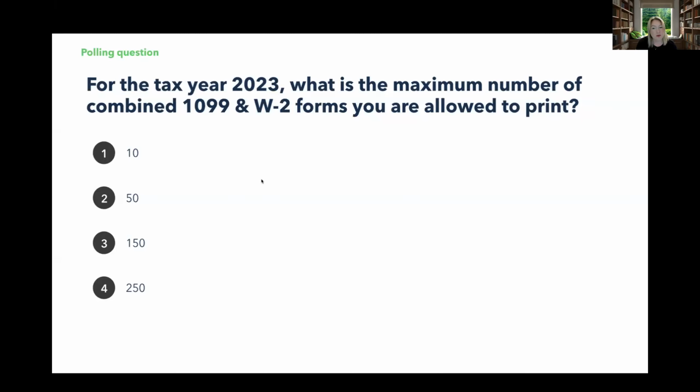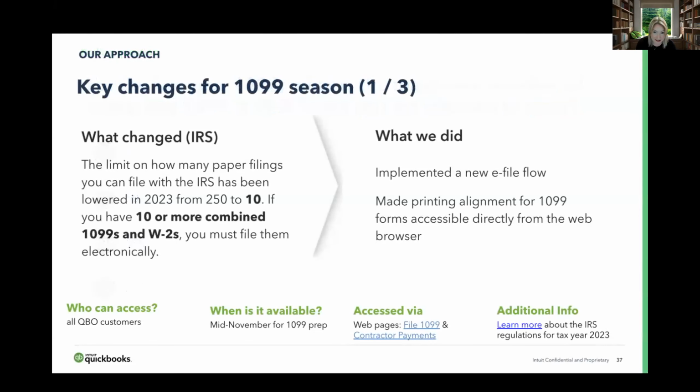All right, it looks like we have the majority of folks stating 50. So the answer is 10. What? It is a change for this year. So I'm going to walk you through all of this. This year, the IRS has a new mandate, which is that the limit on how many paper filings you can file with the IRS has been lowered from 250 to 10.